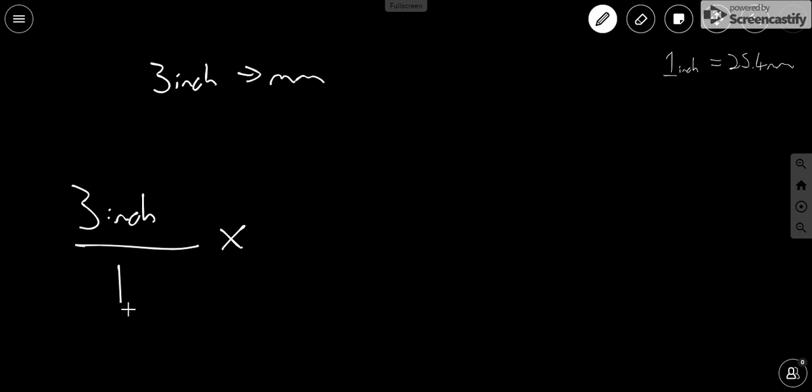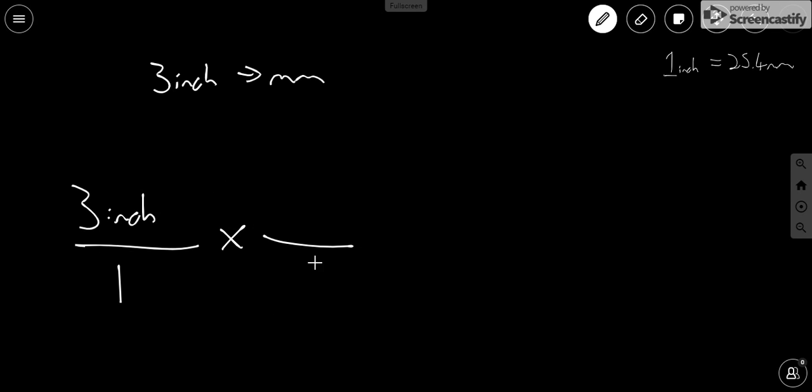So we've got 3 inches, which is our problem, and we want to times that by our ratio, and we want to put either inches on the top or the bottom. The reason we know which one is because we know which one we want to cancel out: we want to cancel out inches to end up with millimeters. So you always want the thing you're cancelling out on the opposite side, because if you divide by something, you cancel that out.